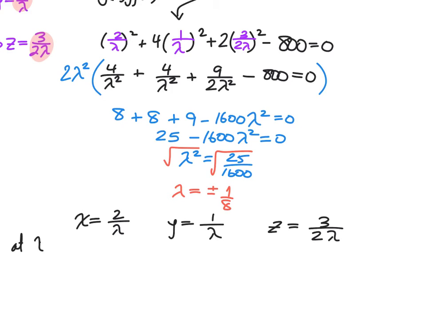So at lambda is equal to 1/8, we're going to get the x, y, z coordinates. 2 over 1/8 is 16. 1 over 1/8 is 8. And 3 over 1/4, because 2 eighths, so 3 over 1/4 is 12. All right. At lambda is equal to negative 1/8.